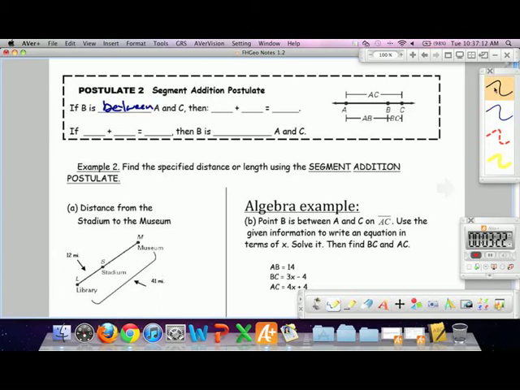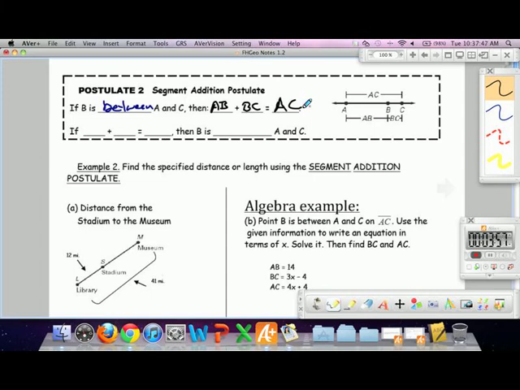If you take the segment starting at one endpoint and go to B, the one that's between, and then you take that in-between point and go to the other endpoint, then what should that segment be the same length as? The full segment, AC. That's all the segment addition postulate says: the sum of the parts should be equal to the whole thing. It also works in reverse.